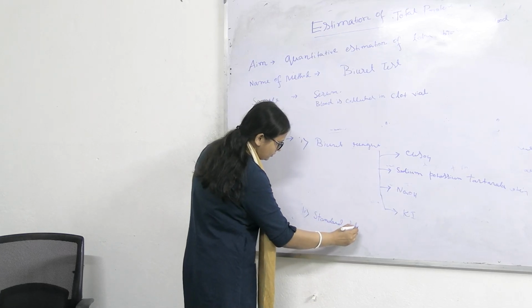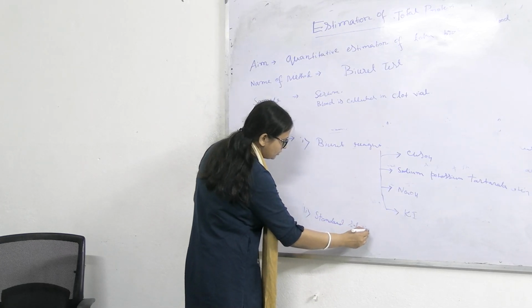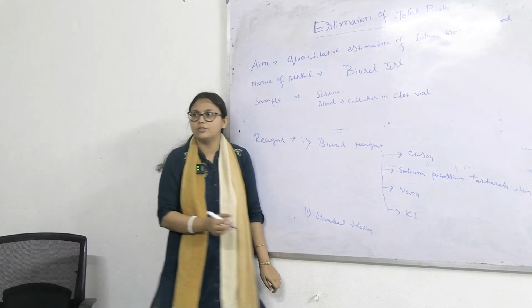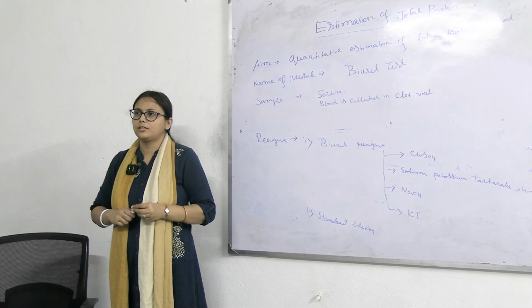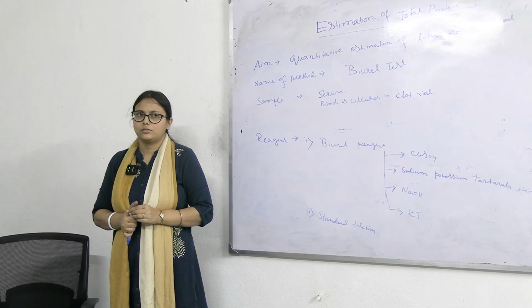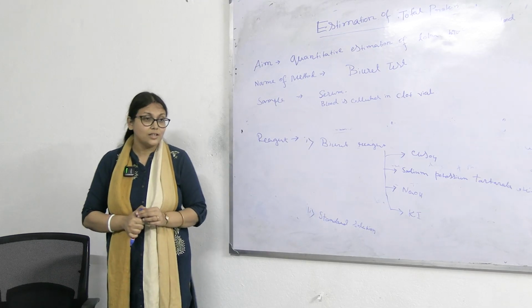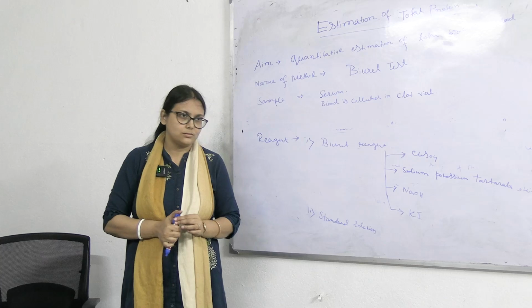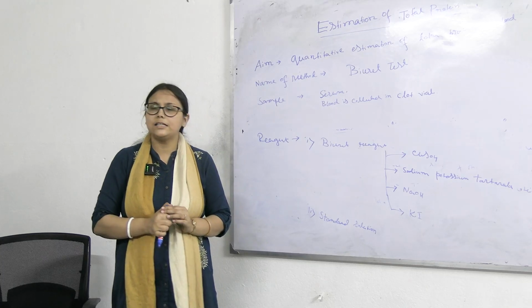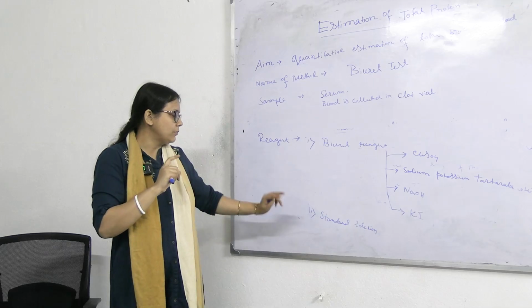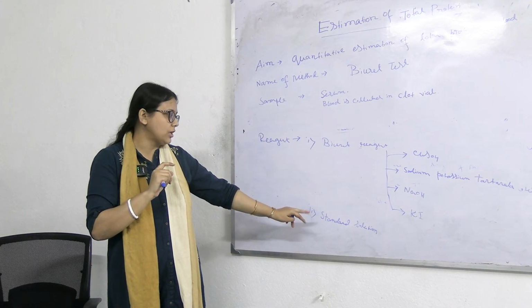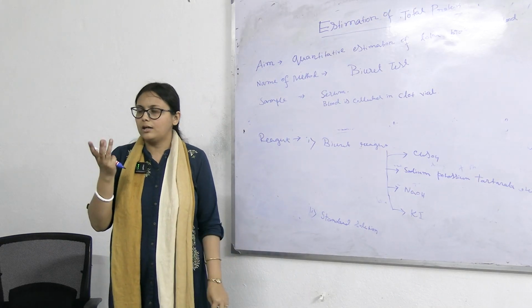What is the standard solution? From your glucose estimation, what is the standard solution? In each kit the company provides a standard solution. Standard solution means a solution in which the protein concentration is known.